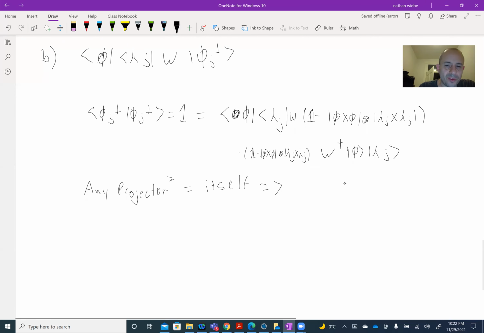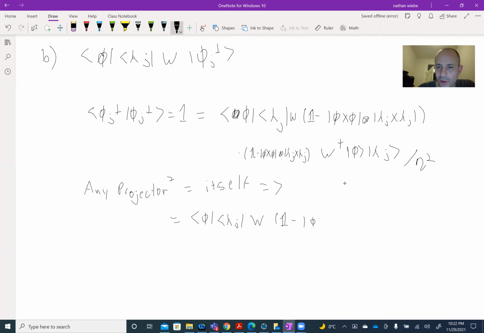So therefore, this is equal to phi lambda j W identity minus, and this is all divided by eta, the normalization constant, eta squared.